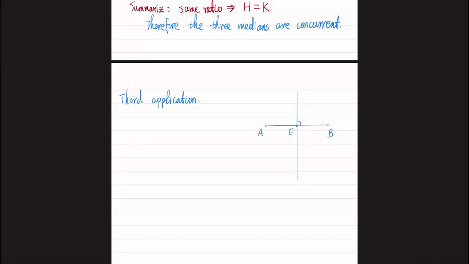We will call this the perpendicular bisector of AB. C, D. Perpendicular.